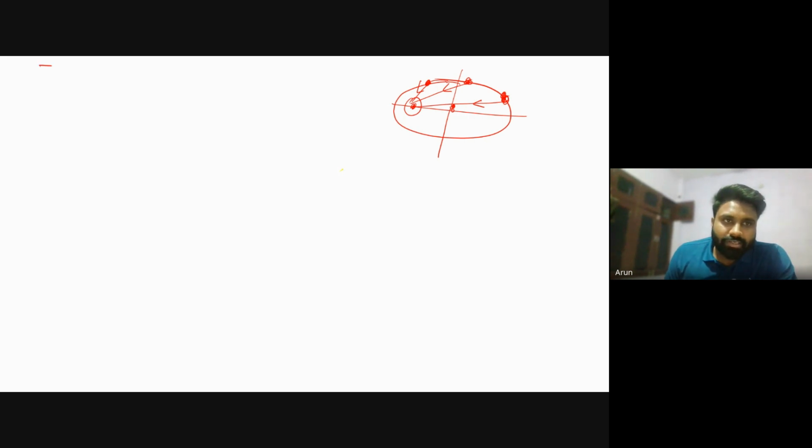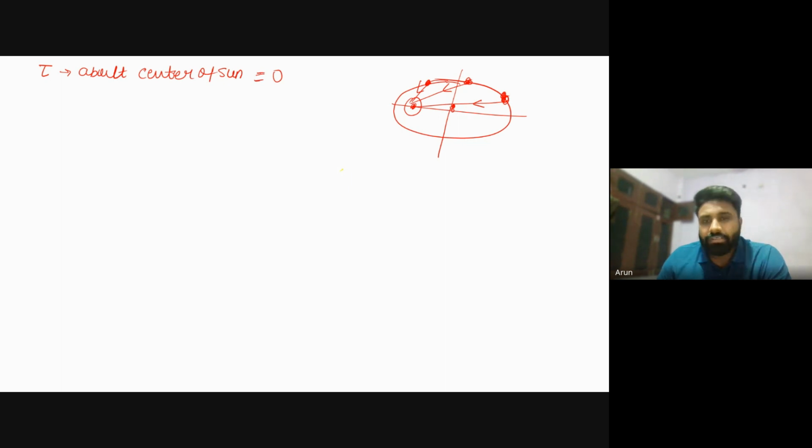So we can say that the torque about the center of the sun is equal to 0, because the line of force is passing through the center of rotation or the axis of rotation. Okay. So we know from the previous chapter that this quantity torque will remain 0.